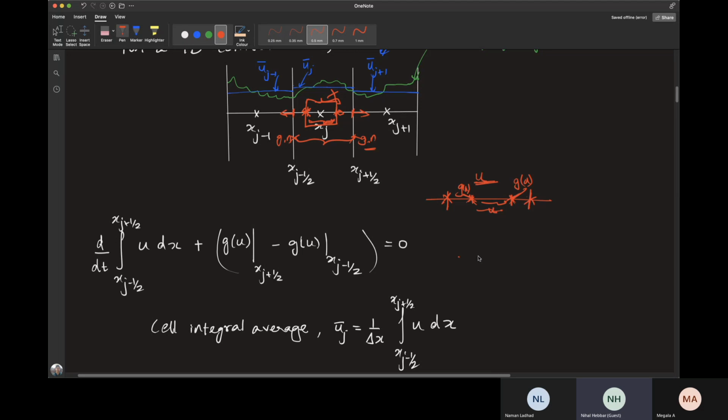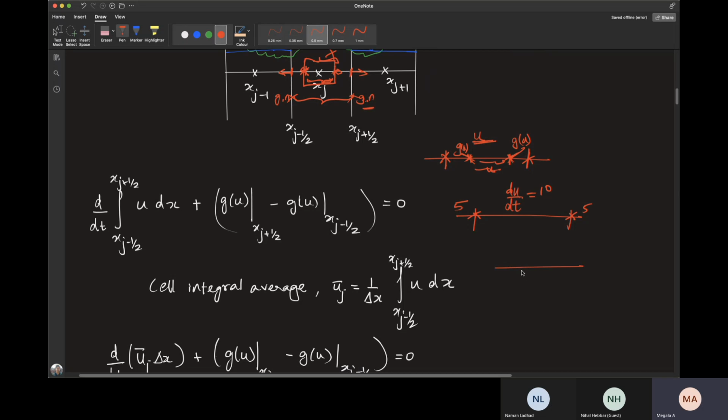We don't know because let's say du by dt in this big region is some 10, and in this region we have some g of u going out, 5 and 5. Now consider a much smaller region than that.